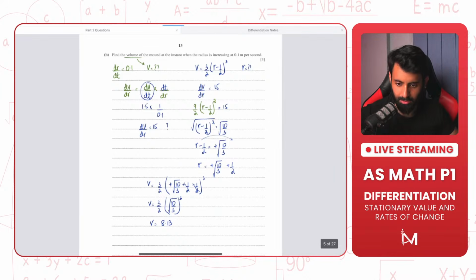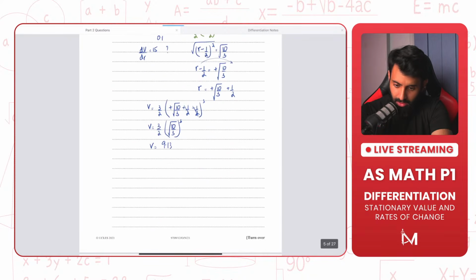You're right, it is 9.13. My bad. Let me check what the correct answer is. Just a minute. So this is October, November 2021, paper 12.